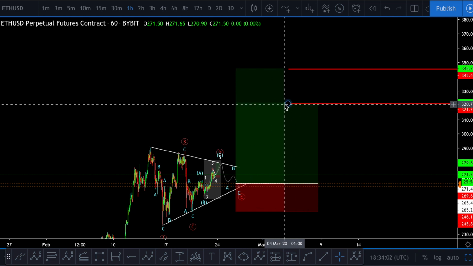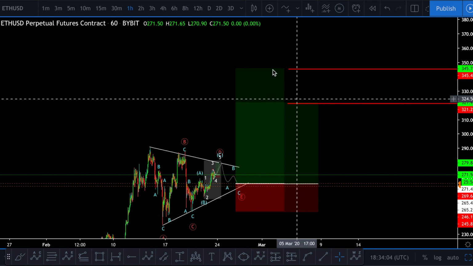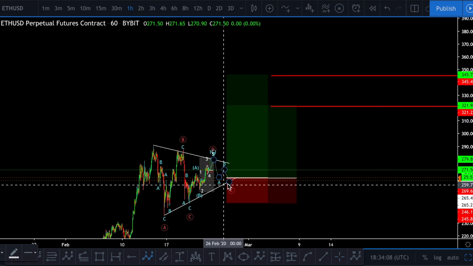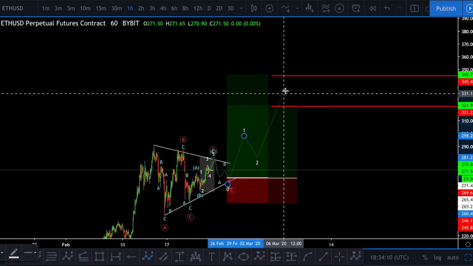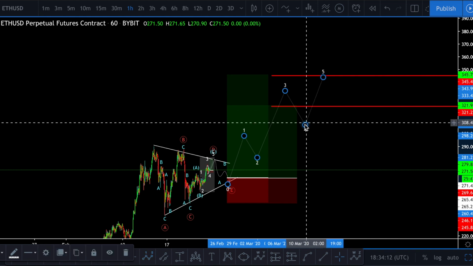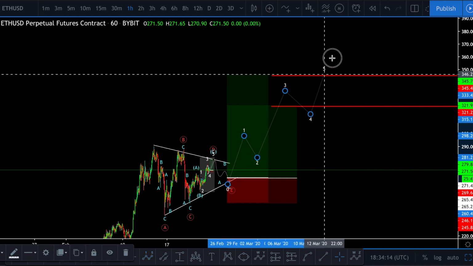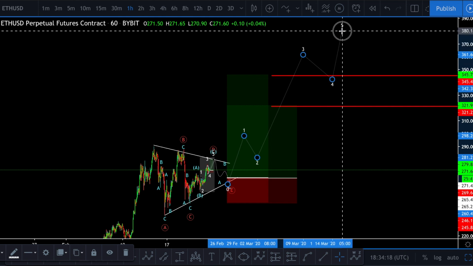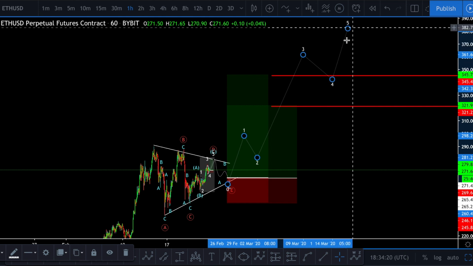Here and here, we'll close them here, and most likely close both, but it just depends. So we're going to be looking to close whenever we can find that 5th wave move. So even if that means that this is all 3, 4 is here, and 5 is here, we're closing wherever we see the 5th wave start to show.